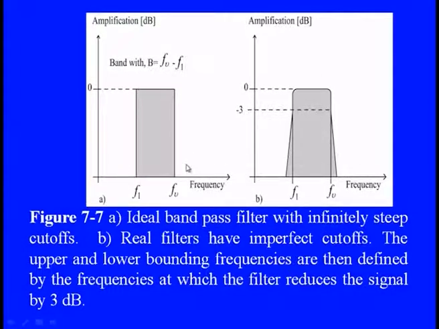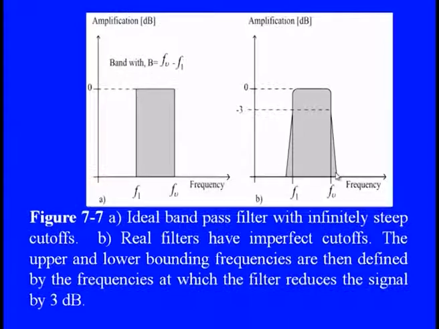This is the ideal form, but whenever we are talking about the real waveform, real filters have imperfect cutoffs. So, we have the curved feature of our signal, and when we want to use this bandwidth, the slanted part is a kind of error, because of the imperfect cutoffs.